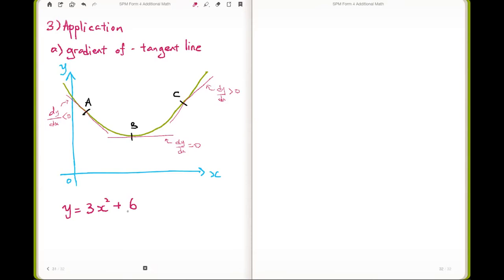Now this is an equation. If I want to find the general equation for the gradient, meaning dy dx, the change of y, the gradient of this curve is 6x. There's no plus because that's all about it. 3 times 2 is 6, and this is a constant, so you get 0.